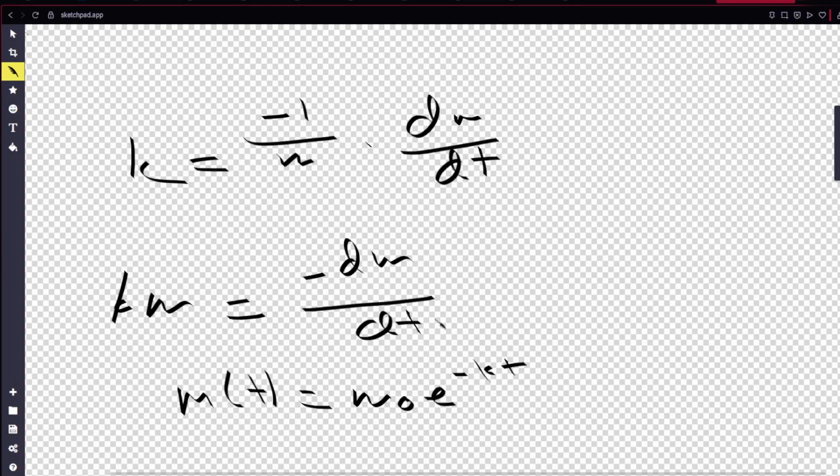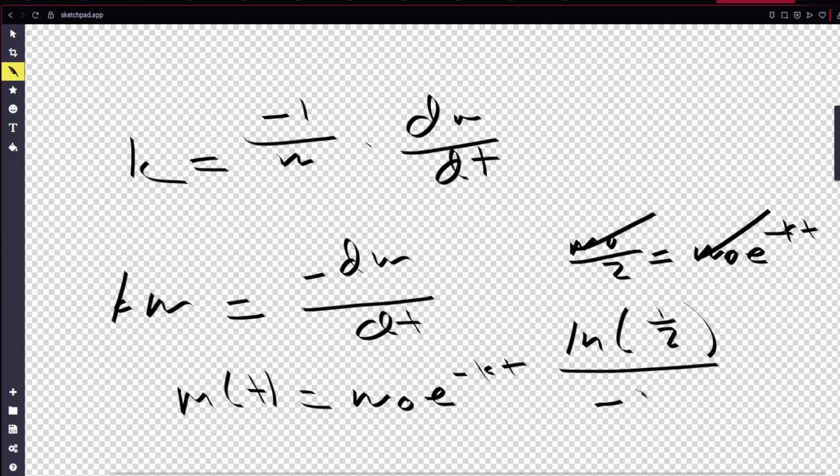So if we set m0 over 2, or the initial over 2, equal to m0 e to the negative kt, divide by m0 on both sides, take the natural log of 1/2, divided by negative k, it will give you the time, or the half-life equation, which is pretty smart here. So yeah, that's the half-life equation essentially.